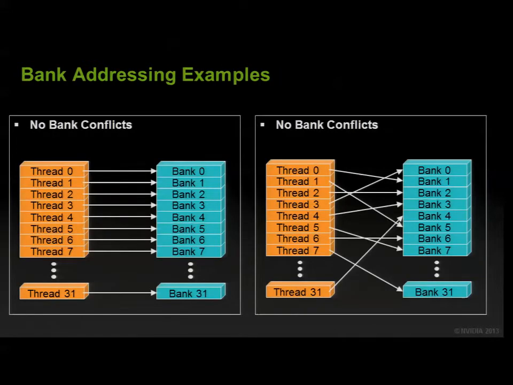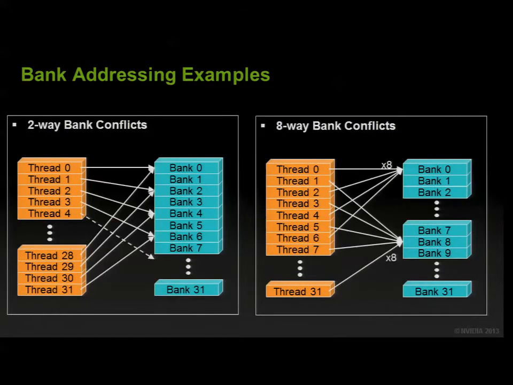Let me see, I think I have more pictures here. In the simplest case where you have the 32 threads, each one accessing a different bank, you're fine. Or in the other case where each thread accesses, again, a disjoint bank, you're perfectly fine. If you have multiple threads that try to access the same bank, you have a potential problem.